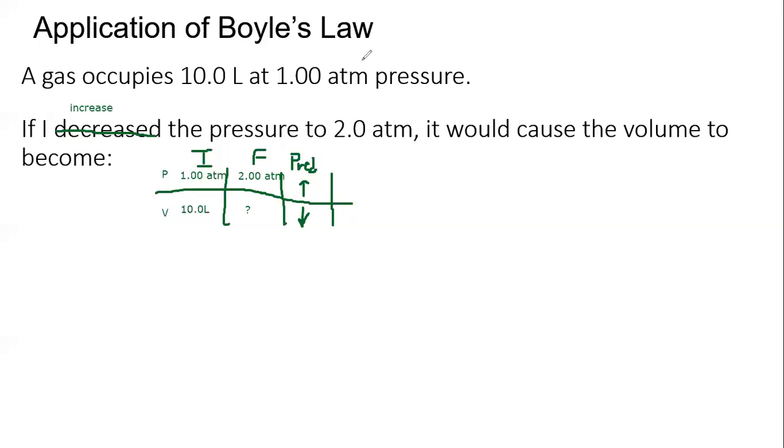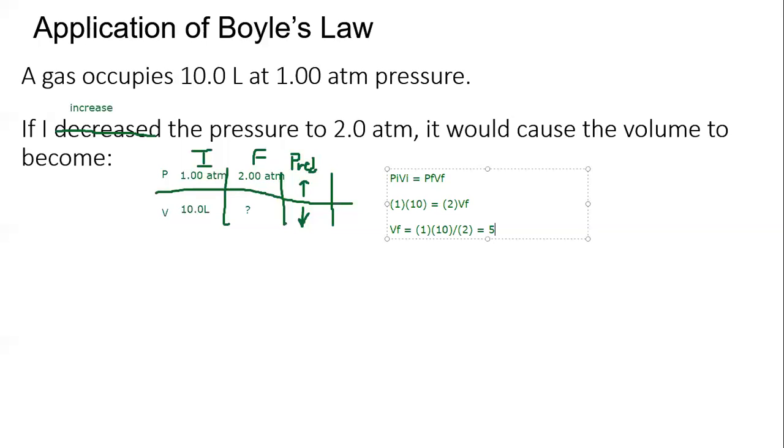Now when we set it up, remember it's PI VI equals PF VF. So we put in 1 times 10 equals 2 times VF. So to get rid of the 2, we have to divide each side by 2, and we get VF equals 1 times 10 divided by 2.